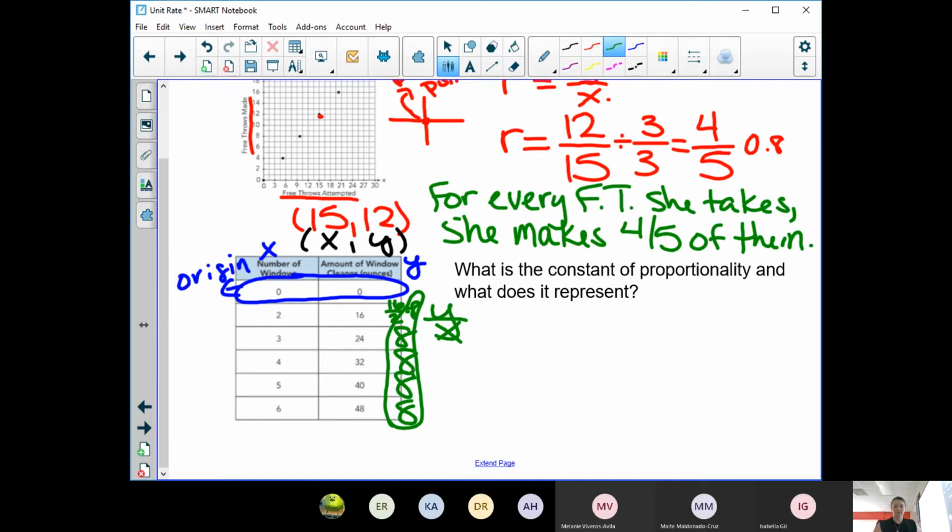They all equal 8. Okay. So if we know it passes through the origin and our rate is equal to 8 all the way down the table, is this a proportional relationship or not?